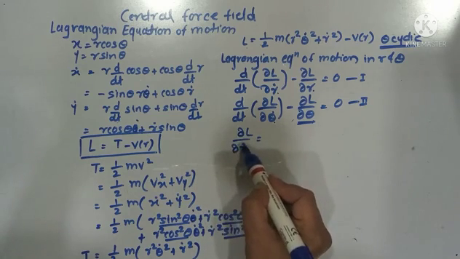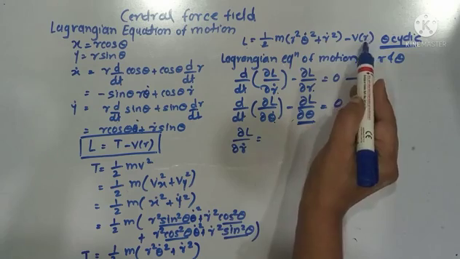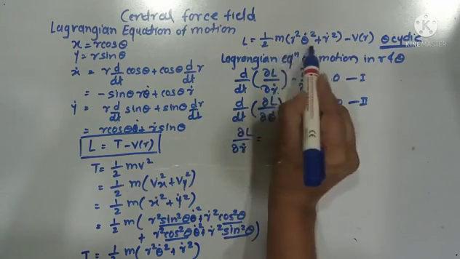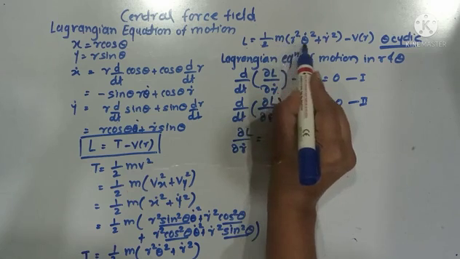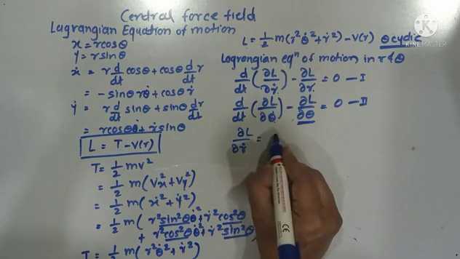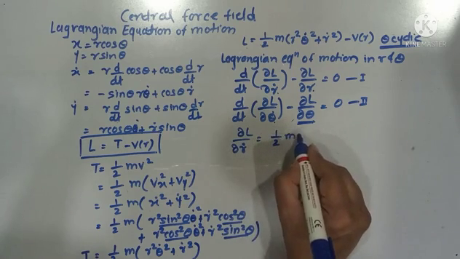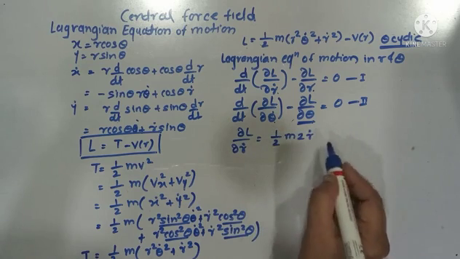When we are taking the derivative with r dot, only the terms having r dot will have some derivative, and the remaining terms will be 0. So the r square theta dot square term will become 0. Only the first term will remain, which will be 1/2 of m into 2 r dot.